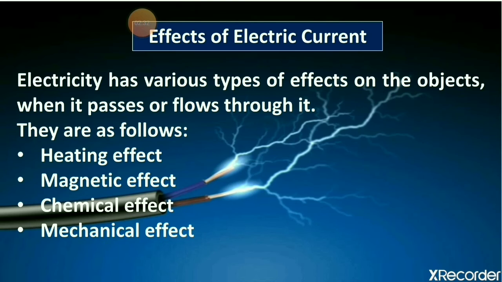All materials have some ability to oppose the flow of current. Some materials have less ability to oppose the flow of electric current, and some materials have more ability to oppose electric current.